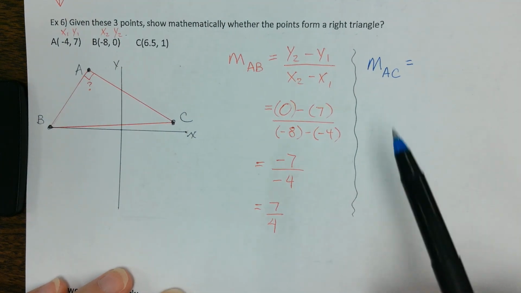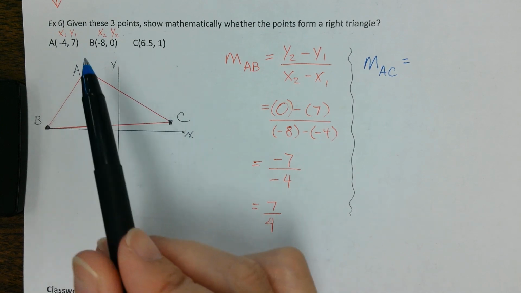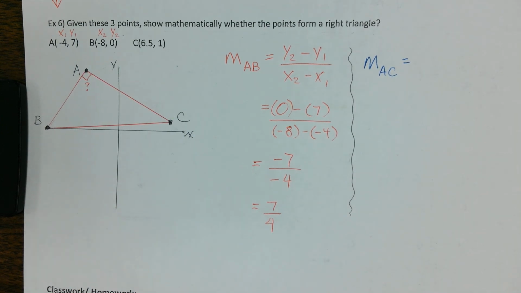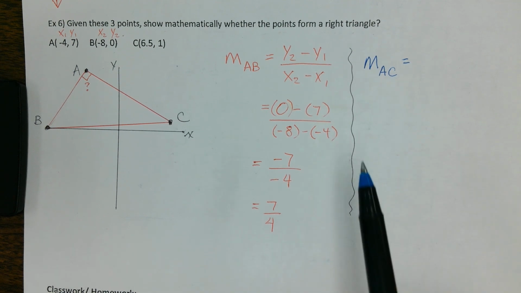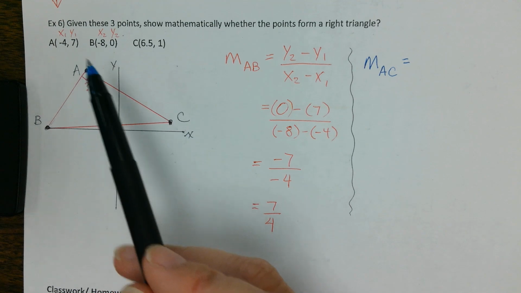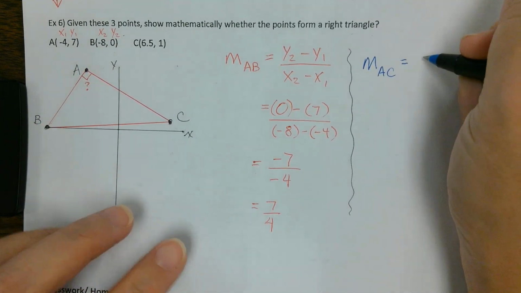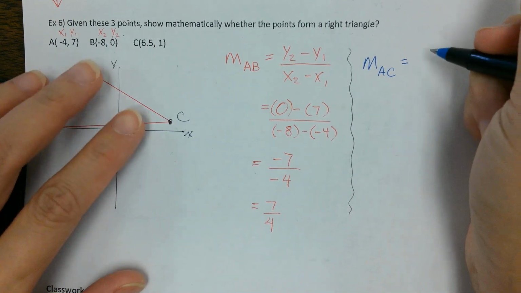Get used to writing it with subscripts, because when you get into grade 12, you're going to do slopes for like 10 different lines. In order to know which line you're talking about, it's a good habit to start now and write the subscripts. Same formula.